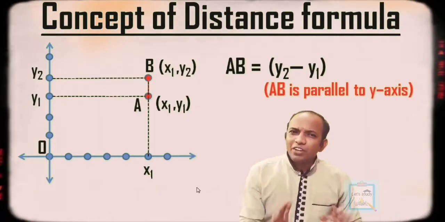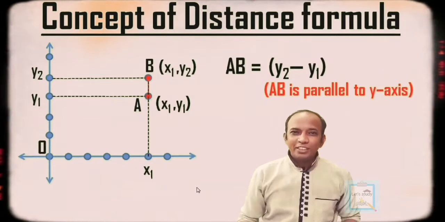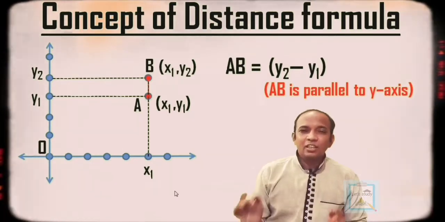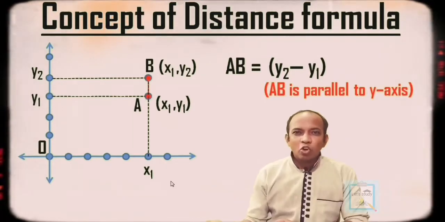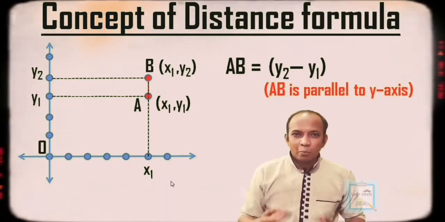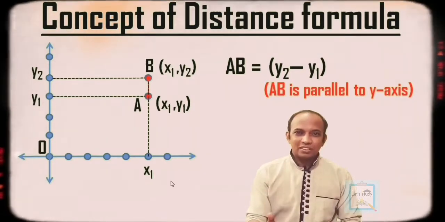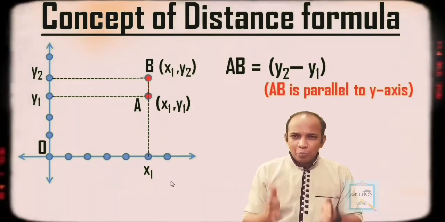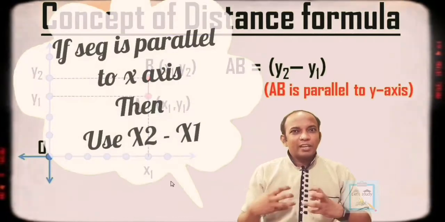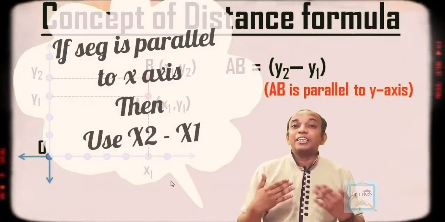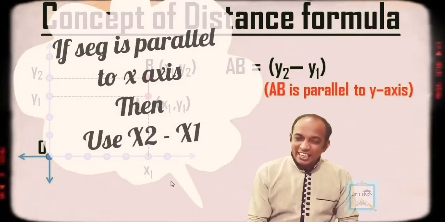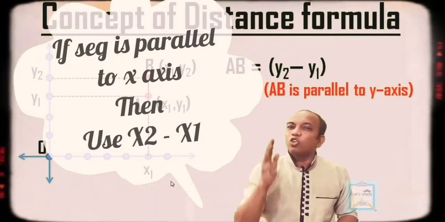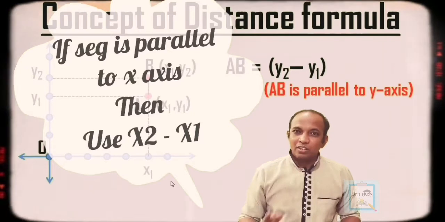So in short, what we have learned is that to calculate the distance between any 2 points which are present on the axis, we do bigger coordinate minus smaller coordinate, provided that they are present on the same axis. Second, to find the distance between points making a segment parallel to the x-axis, we find the difference between their x coordinates, that is x2 minus x1.